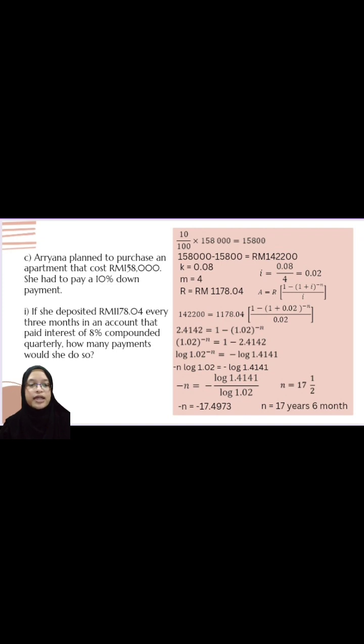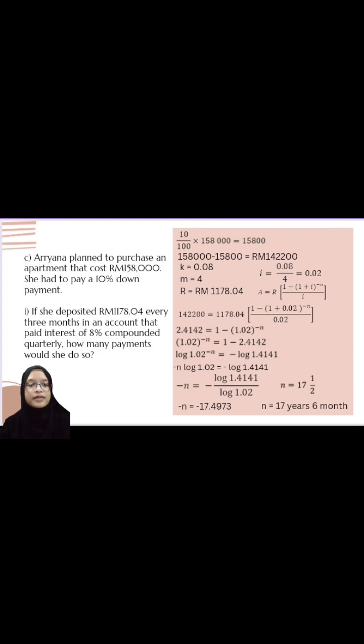Back to the question. She deposits RM1,178.04 every 3 months, so we know that R is RM1,178.04. It paid interest of 8%, so i is 0.08 over 4 equals 0.02, compounded quarterly, so m is 4.